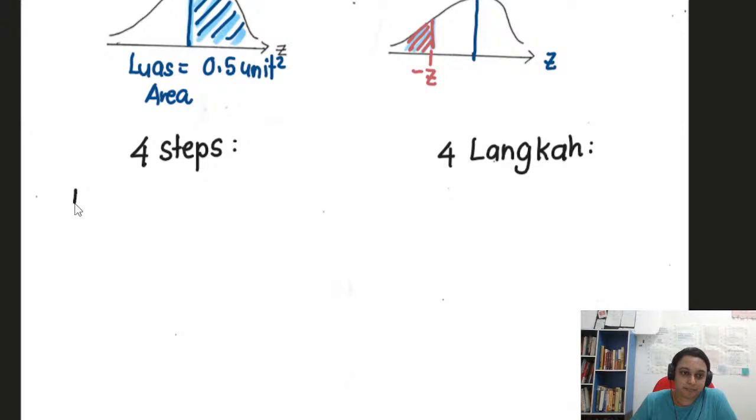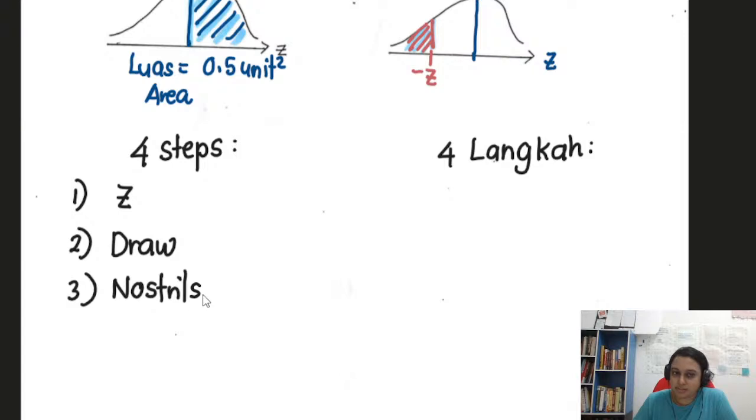Okay, first one, Z. This one I tell in English first. Z, draw nostrils. What is nostrils? Your nose, this lubang. The hole in your nose. That's what you're going to draw.